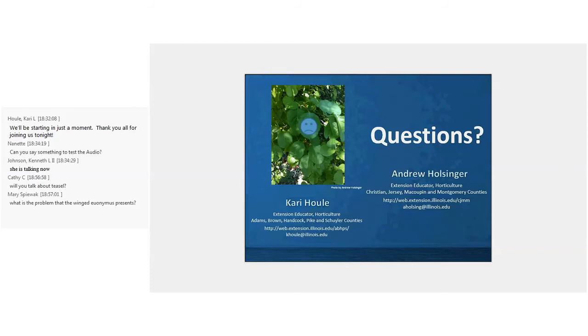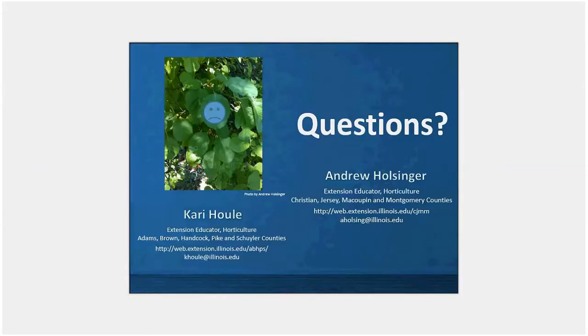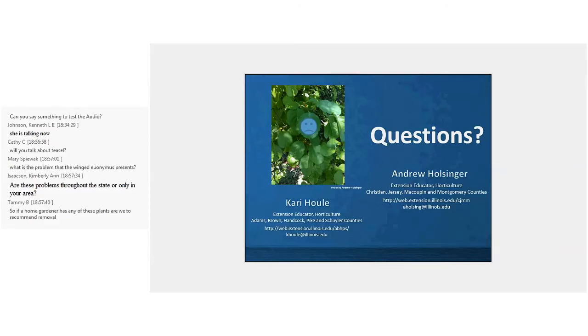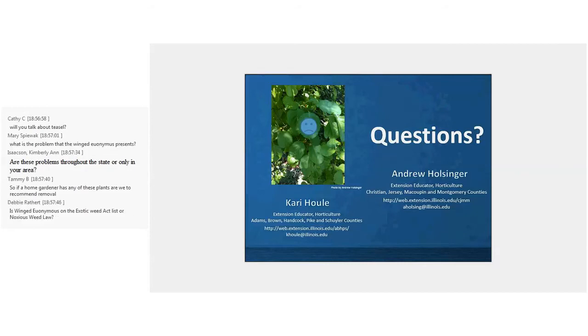So what's going on? That's why we're putting that species on the species of concern list and keeping an eye on it, because it is a concern. We're like, wait a minute, you're not supposed to do that. But no, you're not the only one seeing that.